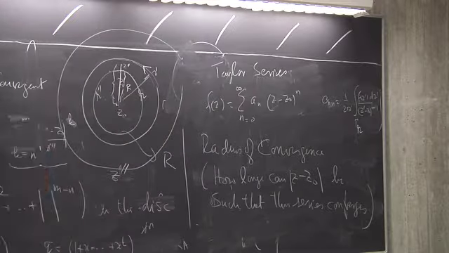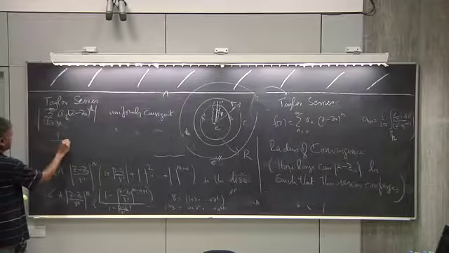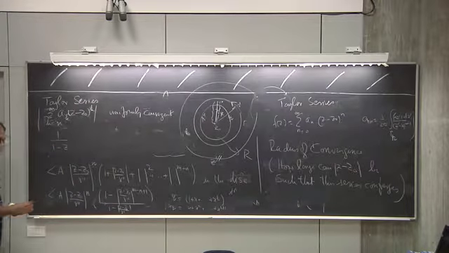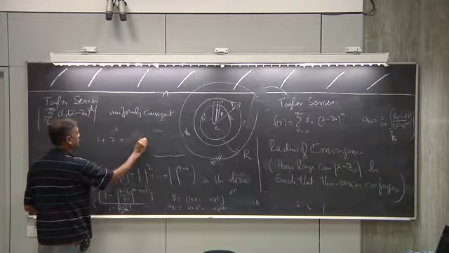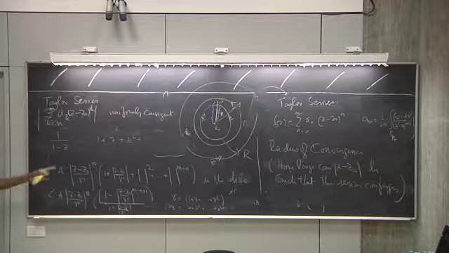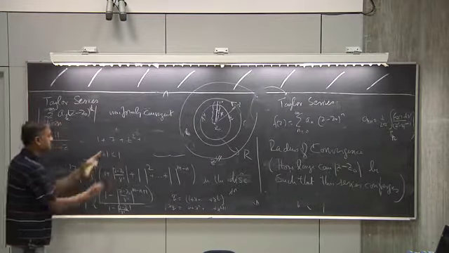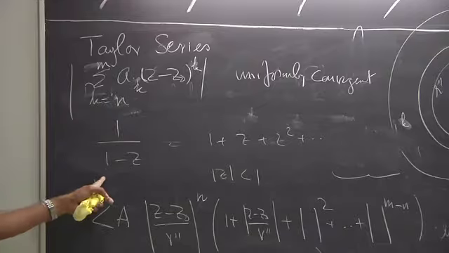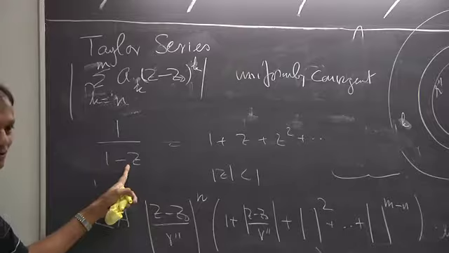As a simple example, take the geometric series itself: 1 over 1 minus z is 1 plus z plus z squared and so on. For z less than 1, this sums up to that. But this has a singularity at z equal to 1.